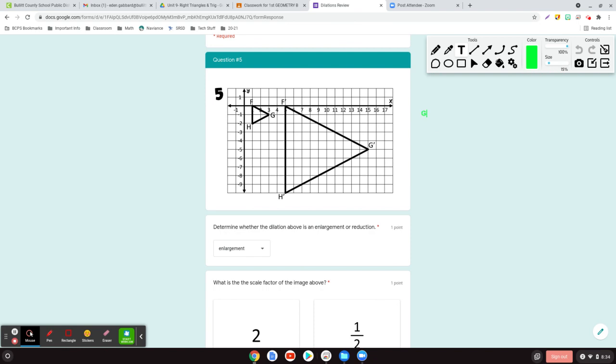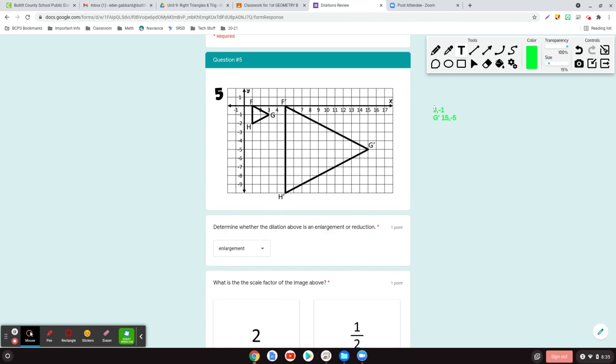Let's use G. So our original G is at 3, comma, -1. And our G prime is at 15, comma, -5.